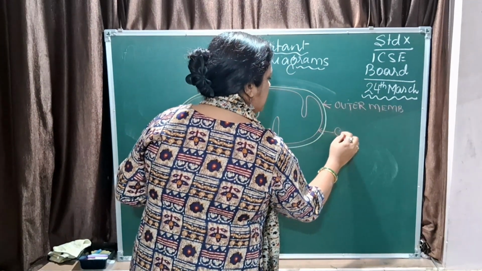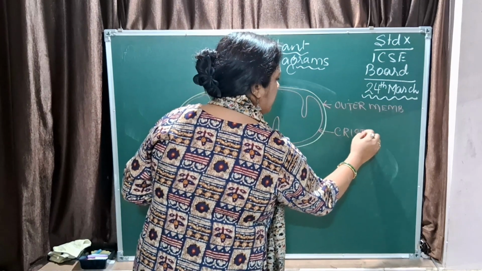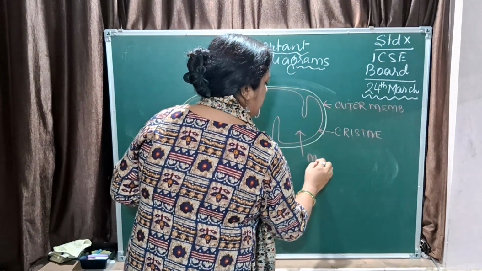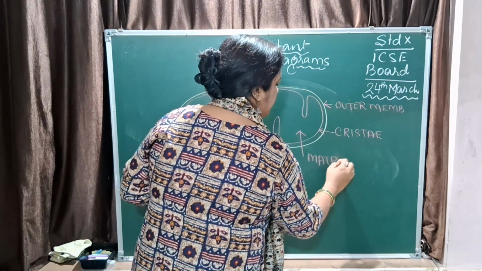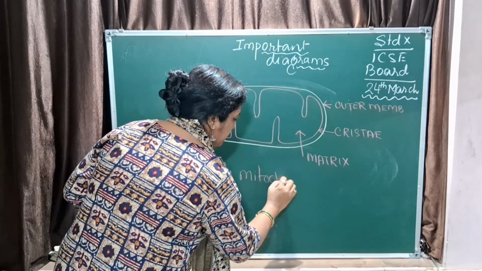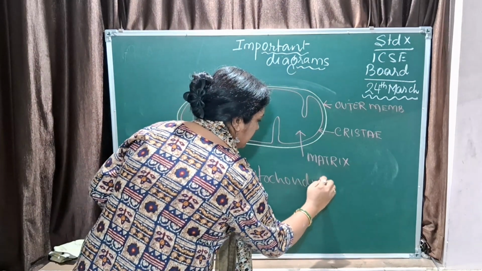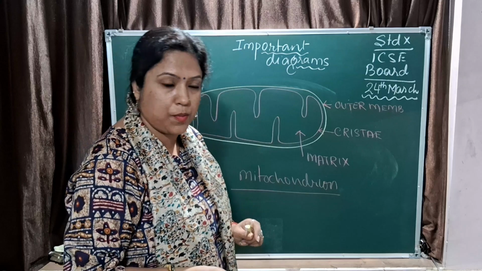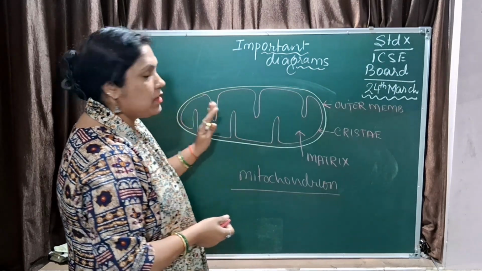The inner membrane is called the cristae. This part is called the matrix. And this is the diagram of your mitochondria. Mitochondrion, that is singular. Mitochondria is plural.